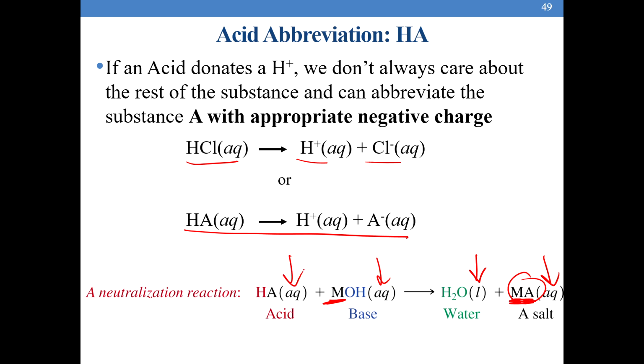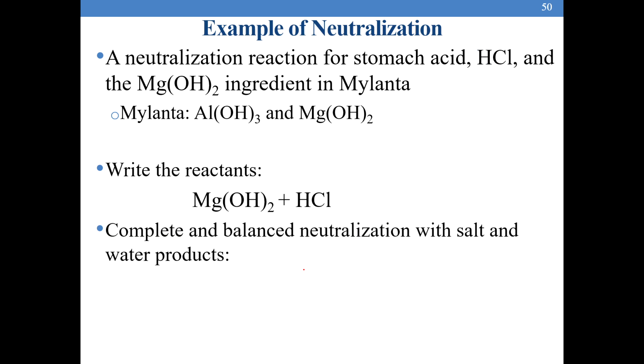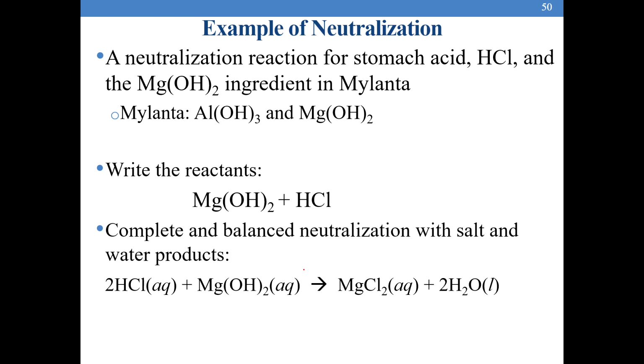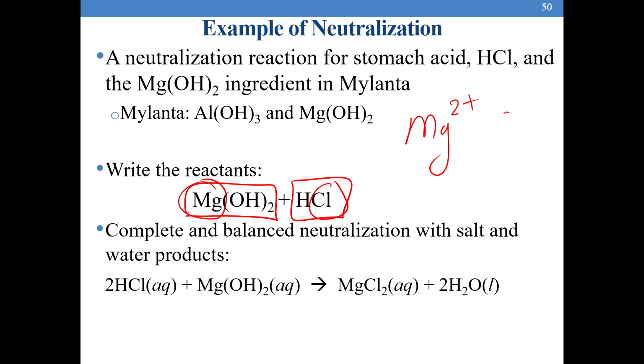Neutralization reactions are probably the most famous, popular reactions for acids, okay? I'll give you one more example, and then we'll do another acid reacting with something else. So here's neutralization with this base plus this acid, okay? So this is where you need to recognize the metal and the appropriate A minus, okay? The biggest mistake is writing the salt, Mg2 plus and Cl minus.